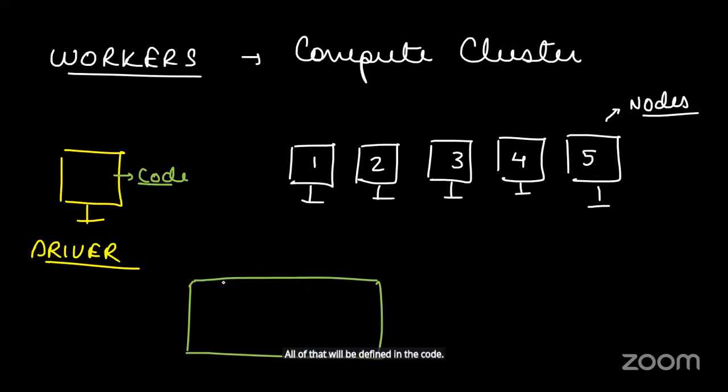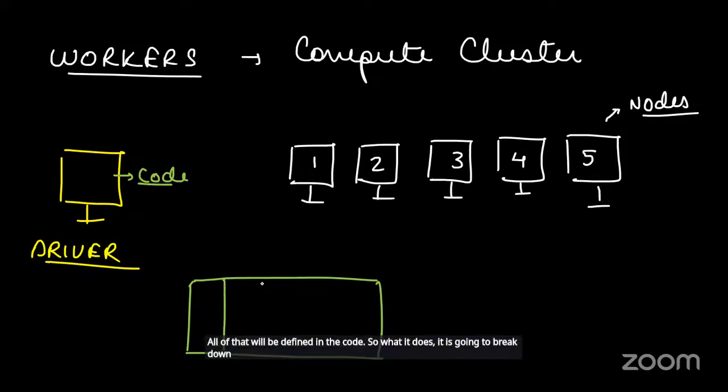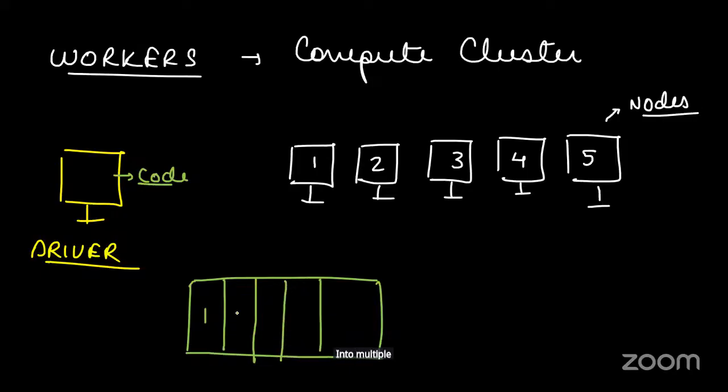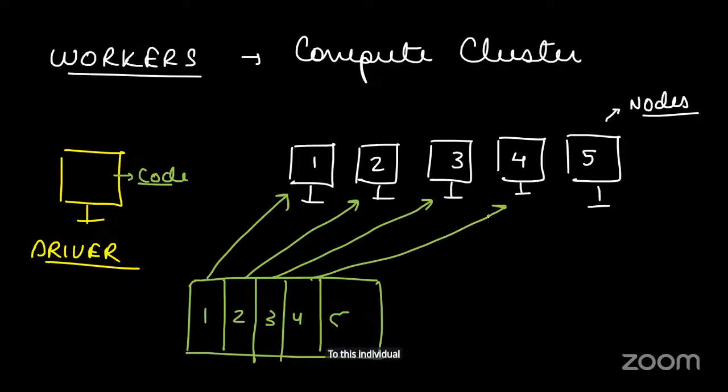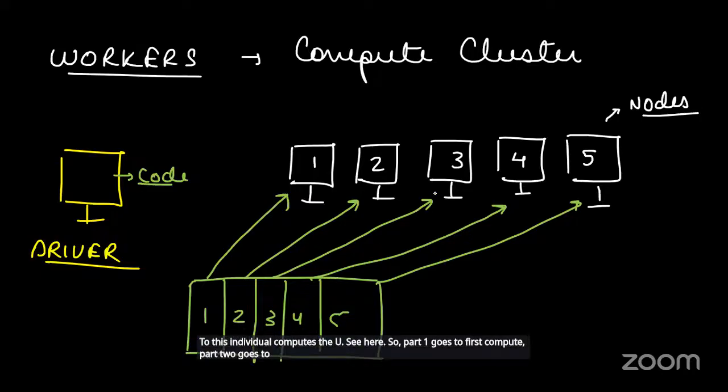So the driver breaks this data down into multiple parts, 1, 2, 3, 4, and 5. And then it starts sending individual parts to these individual computers. So part 1 goes to the first compute, part 2 goes to the second, part 3 to the third, fourth to the fourth, fifth to the fifth, right?